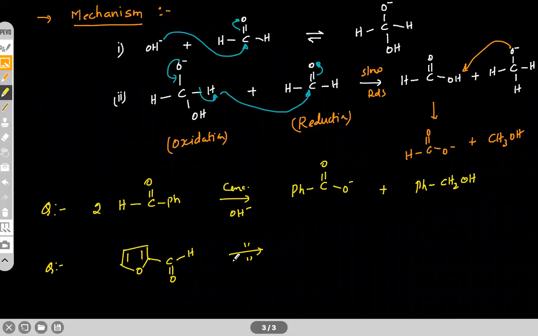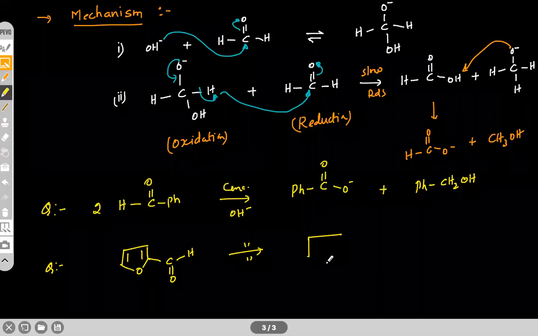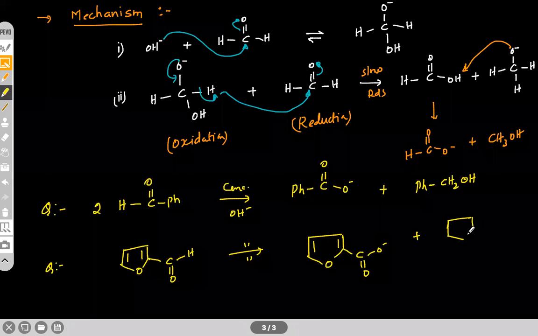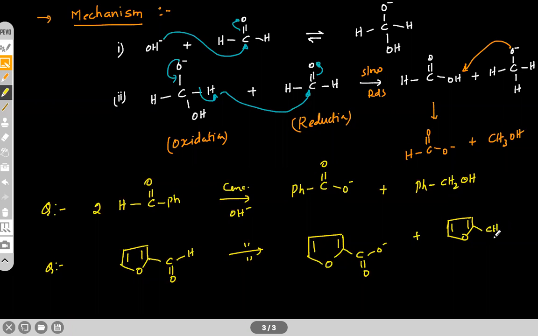The product would be, one would be a carboxylate ion, that is C double bond O, O minus, and the other one would be the alcohol, which is this. And instead of C double bond O, what we'll write? We'll write CHOH, correct? And one H we already have, so CH2OH will be here.